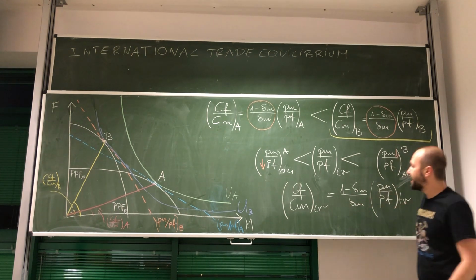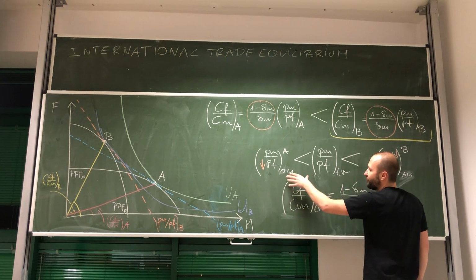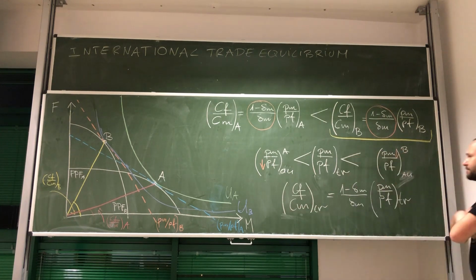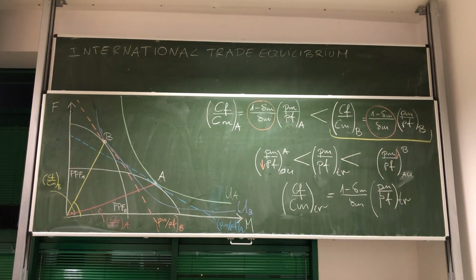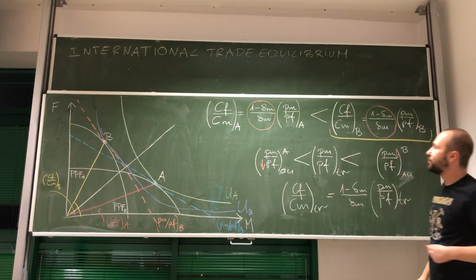From this, we can say what is going to be the ratio of consumption of food to consumption of manufacturers in both countries if the goods market is merged into one, right? And look, this is telling us that we should expect this line to go somewhere in between those two.